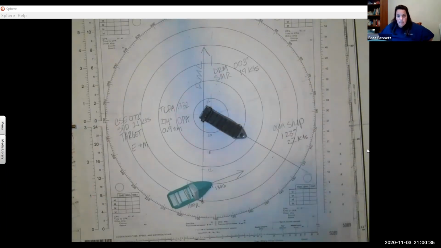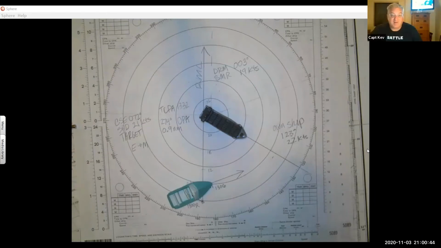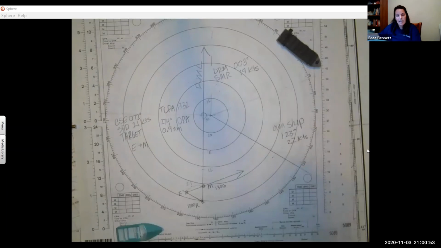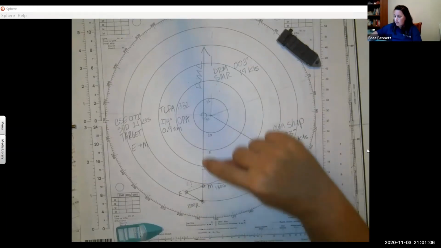So who is give way? Who is stand on? They are stand on. Correct. And if nothing changes, are they going to pass ahead or behind us? I want to say they're going to pass ahead of us. Nope. Wait, I'm sorry, relative motion line, our speed.